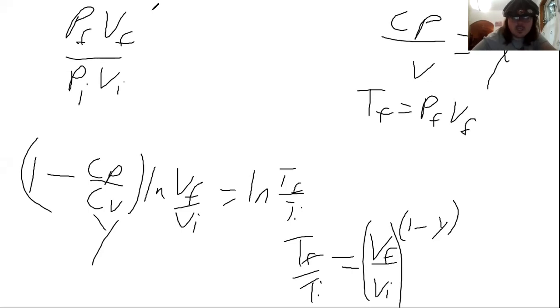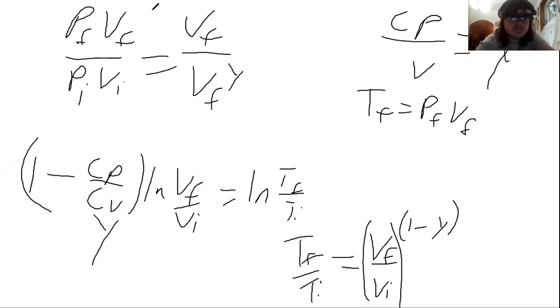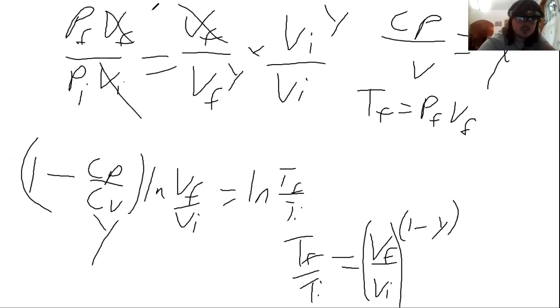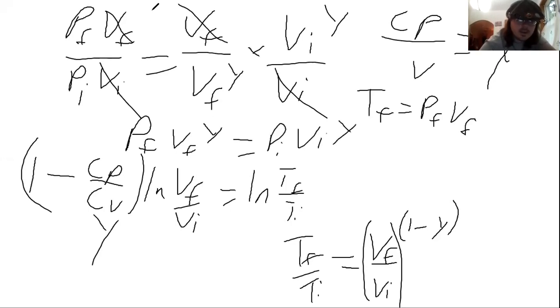And taking the logical expansion of 1 minus gamma on the other side, we get VF to the gamma, because a negative makes it an inverse, times VI on the bottom, VI to the gamma. Now, exchanging this over, these start to cancel out, and you get PF VF to the gamma equals PI VI to the gamma.